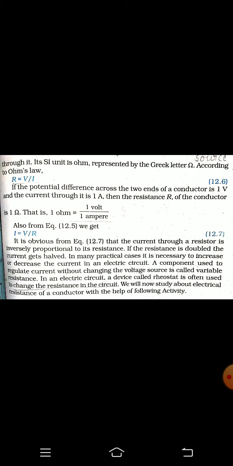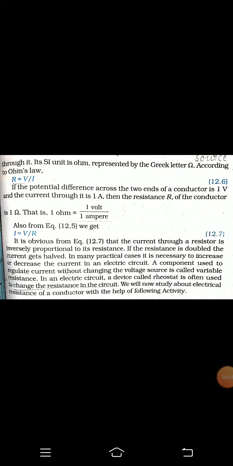According to Ohm's law, we get the value R is equal to V divided by I. How did we get this? From Ohm's law, we got V is equal to IR. So if we want to find the value of R, it becomes R is equal to V divided by I. Here, you need to remember the symbol of R, which is capital R, and the SI unit is ohm. You need to remember it. Ohm is the SI unit of resistance.